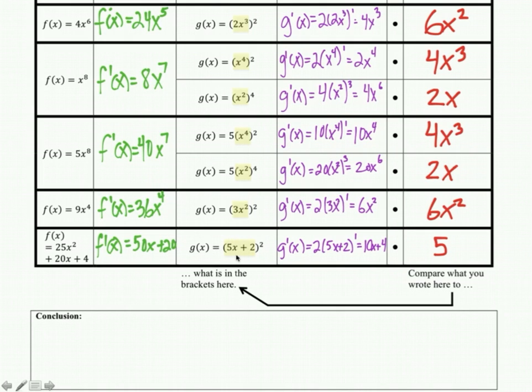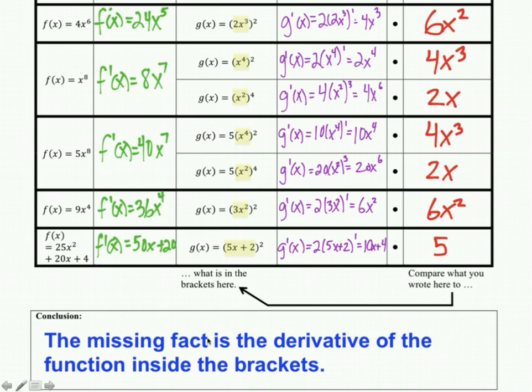And this is where this process becomes really helpful, because taking the derivative by bringing down the 2 times 5x plus 2 to the 1 power, and then just times the derivative of the inside, which is 5, is a much easier way of taking the derivative, especially if this power up here is like 3 or 4 or 5 or 6, where you don't want to do all that foiling. So our conclusion is that the missing factor is the derivative of the function inside the brackets.